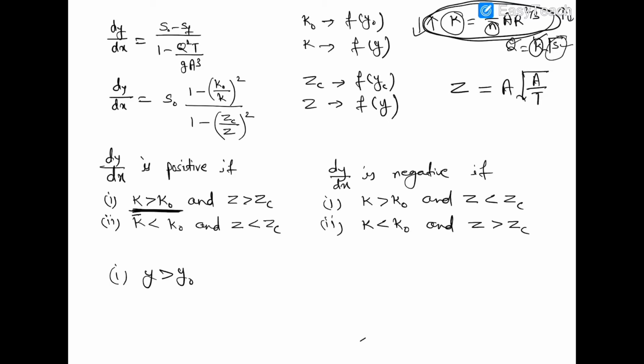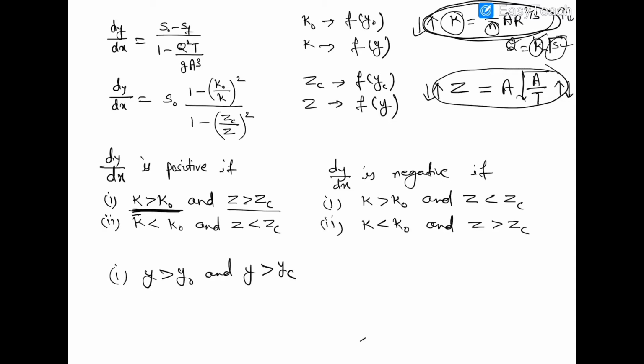In a similar way, for the section factor also, when y increases, then Z will also increase, and if y decreases, then Z will also decrease. So Z is greater than Zc is possible when y is greater than yc.